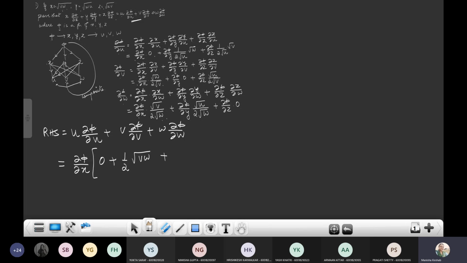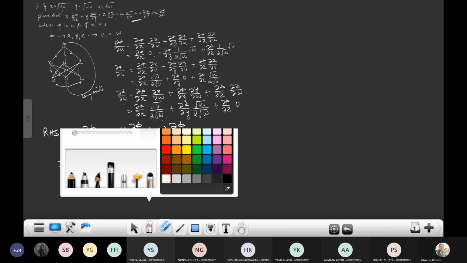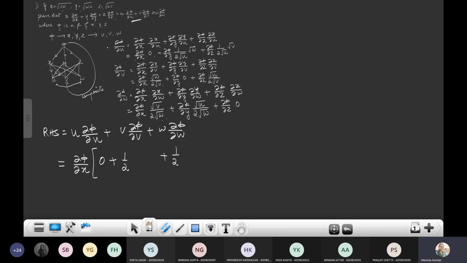Next we will get from here, we are multiplying by w, so 1 upon 2 root of vw. Oh, sorry, we are multiplying by u, sorry, here u, then here v, and here w. Yeah. So here we will get v, say, so root of vw, and here we will get w, say, correct.